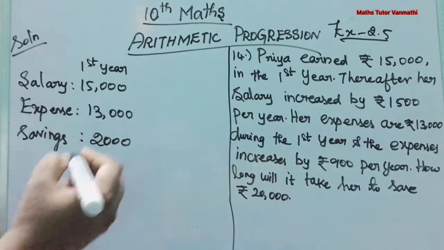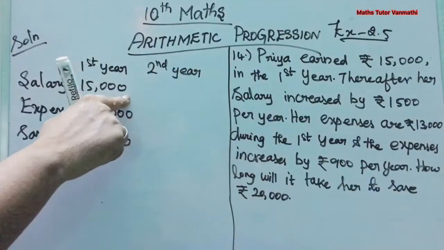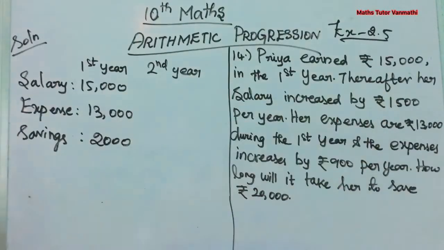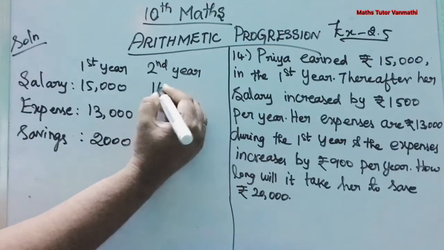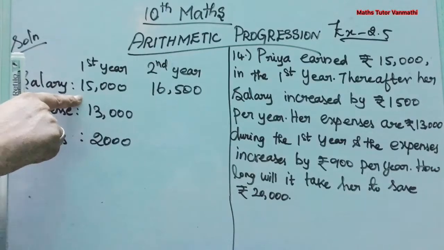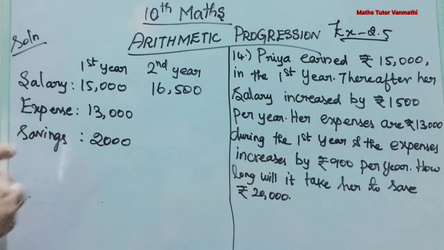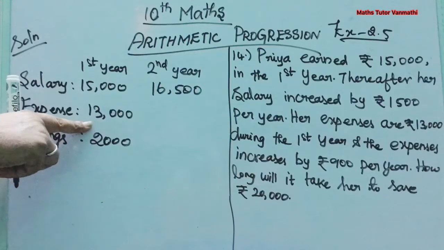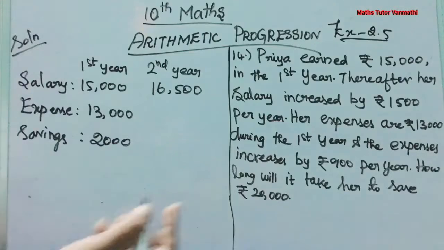Okay. Next, in the second year, after the first year, her salary is increased by 1,500 per year. So if we add 1,500, what will be your answer? 16,500. Okay. 15,000 plus 1,500, you will get 16,500. Her expense is 13,000 in her first year, but her expenses increased by 900 in the second year.